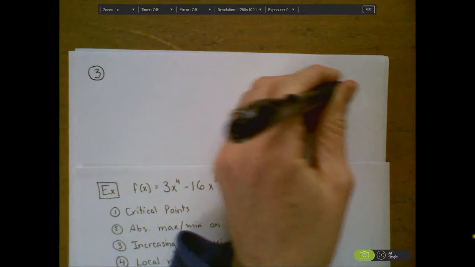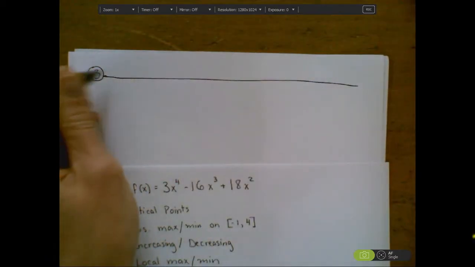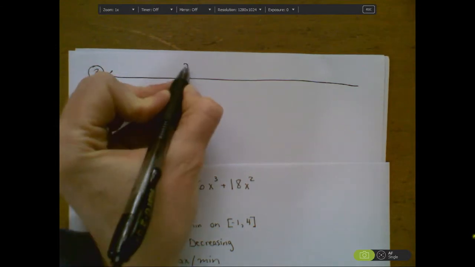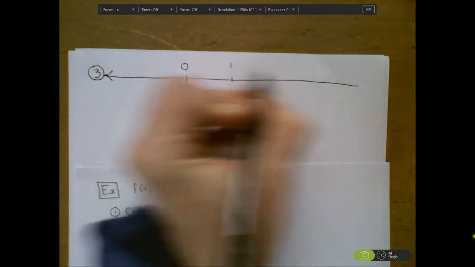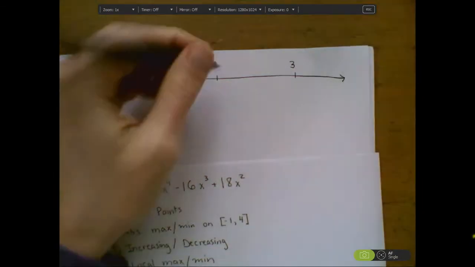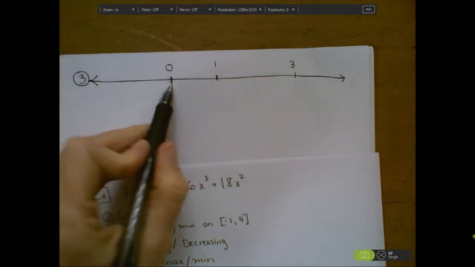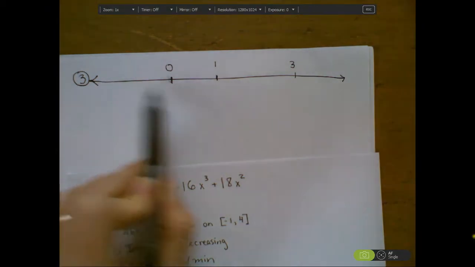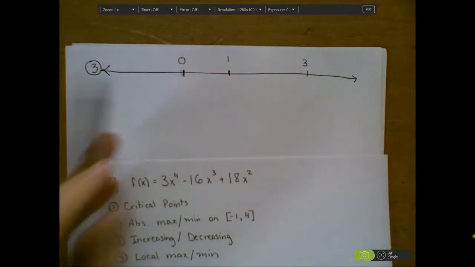I'm going to do a number line because I like to visualize things in terms of a number line. We found that our critical points were at 0, 1, and 3. These are the places where our derivative was equal to 0. That means there's nowhere else on this graph where our derivative is equal to 0.